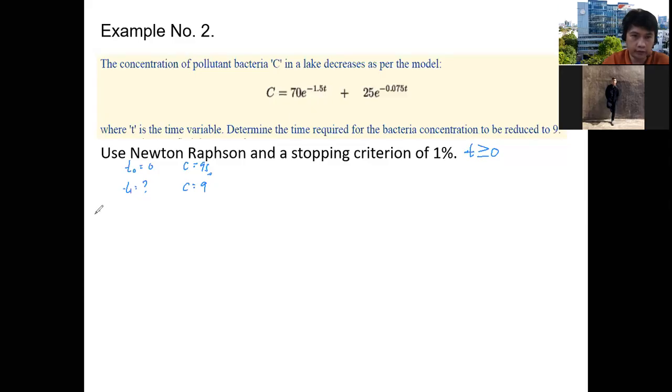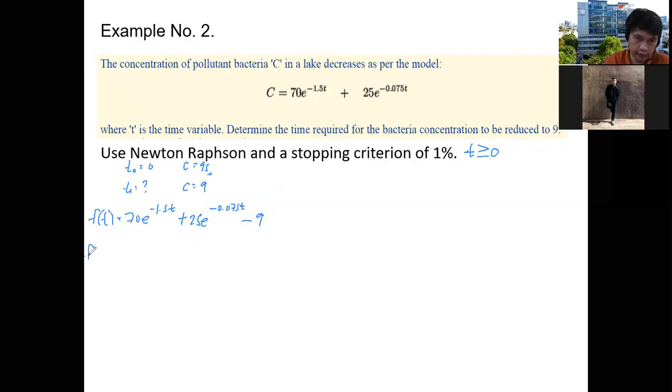So f of t natin is ito, 70e raised to 1.5t, then plus 25e raised to negative 0.075t. Then the C value should be 9, no? So we need to transpose this C to the right, so minus 9. Kasi ang requirement that our function should be equated to 0, no?